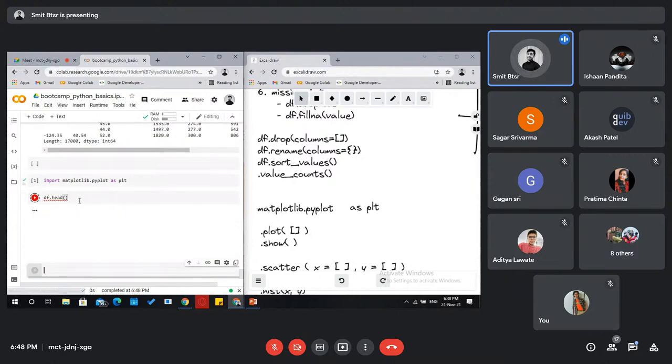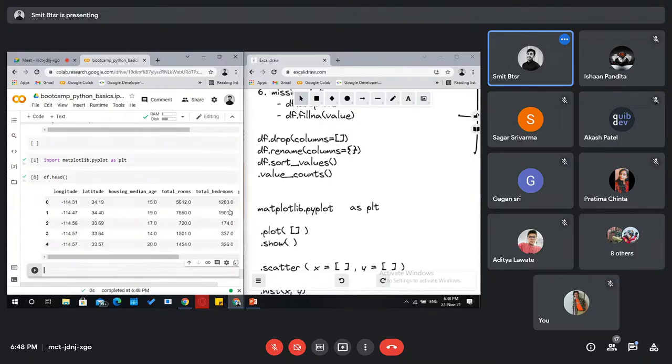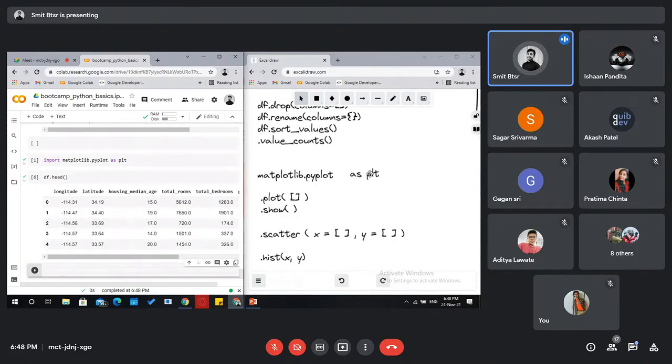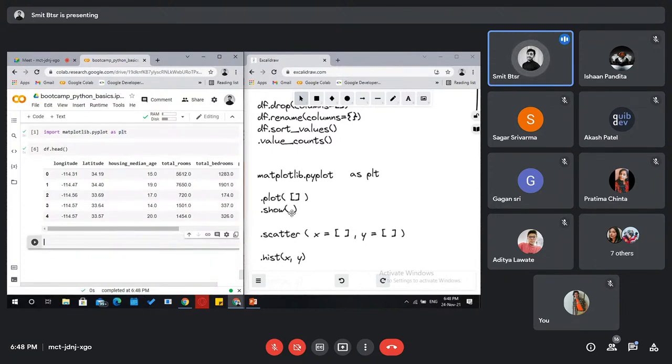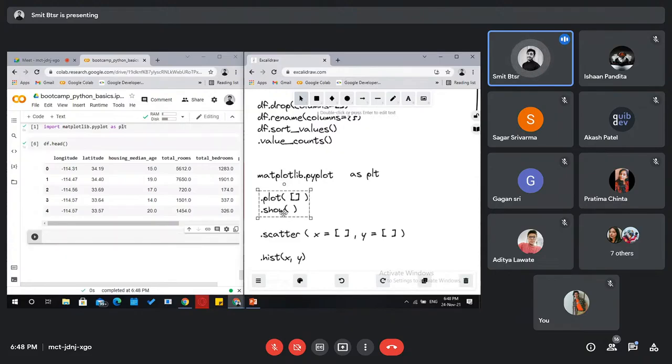So let's see our data frame, right? And then we will start plotting. All right. In Matplotlib, we have imported it as plt, so we don't need to write all these things again and again. We can use plt, and these two are the most basic operations on the Matplotlib library, which is useful to draw plots.